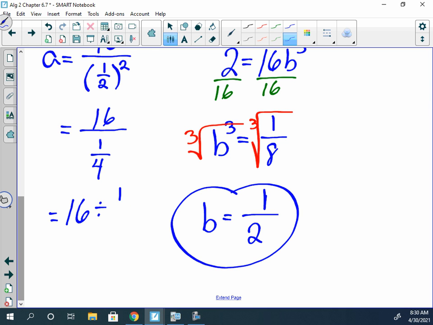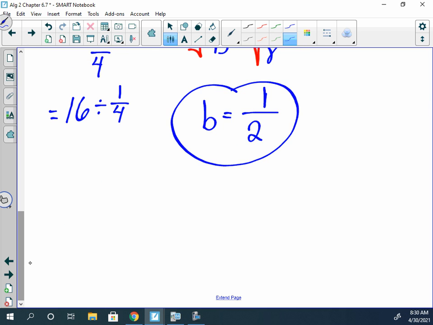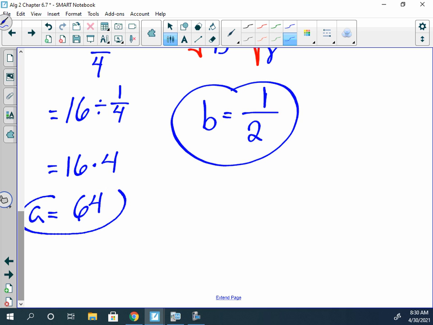But really, we're dividing 16 by 1/4. And to divide fractions, we change it from division to multiplication and flip the second one. Which tells us a is equal to 64.